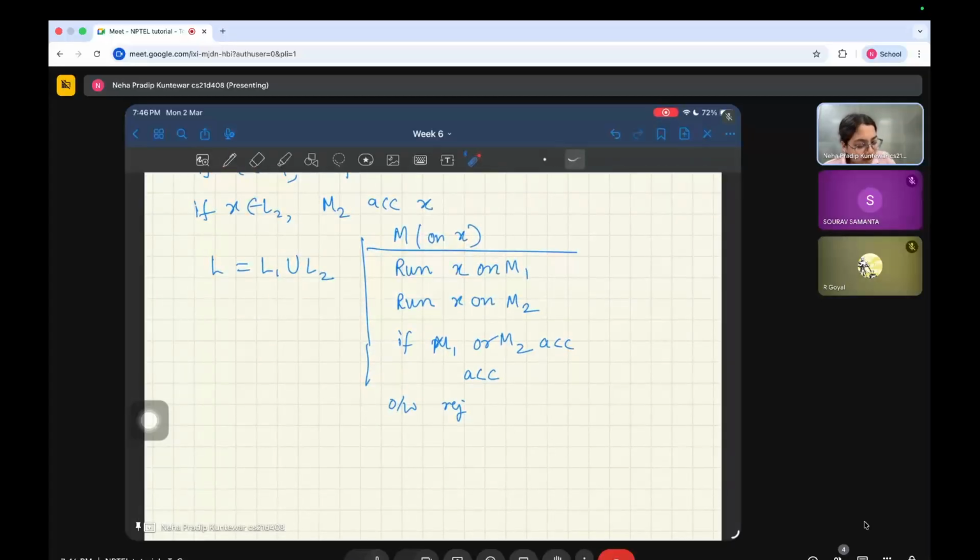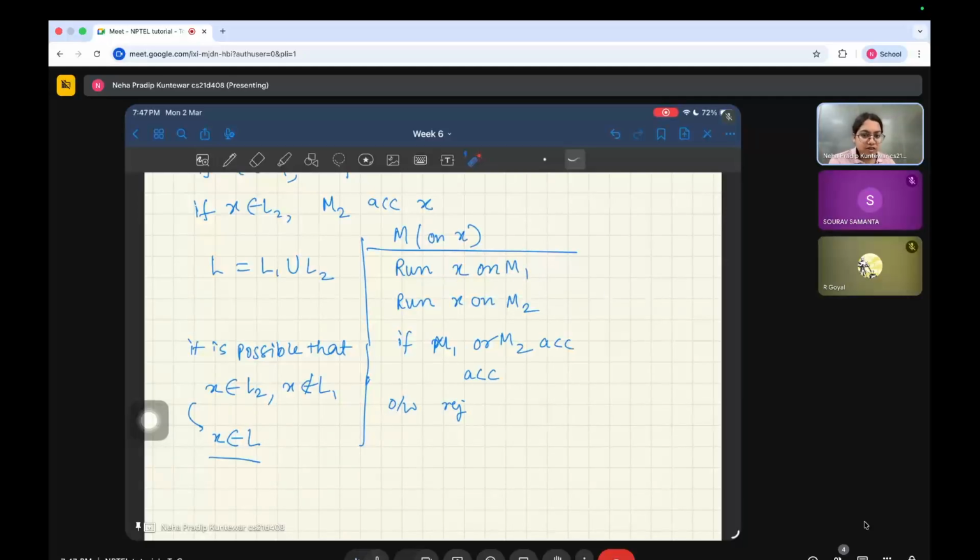It is possible that x is in L2, but x is not in L1, but x should still belong to the union of the languages. Now if we run M1 first and then wait for its answer, and then run on M2 and wait for its answer, then the issue is that if x were not in L1, then M1 is going to keep on running. It may keep on running forever.